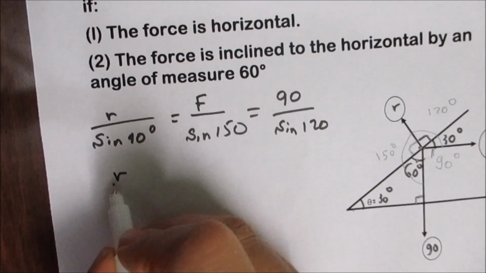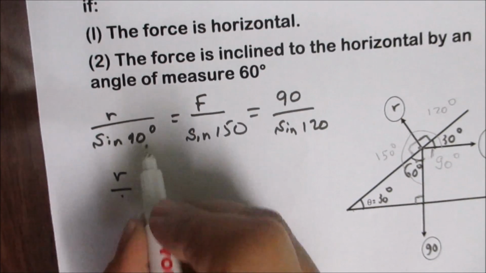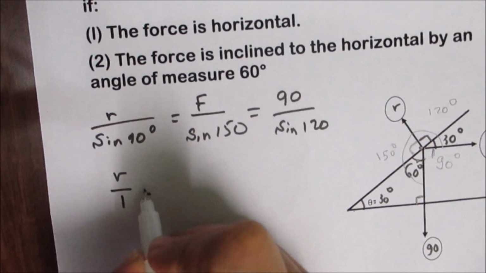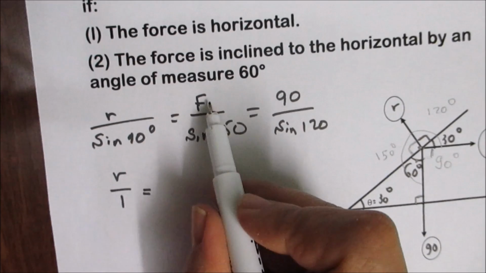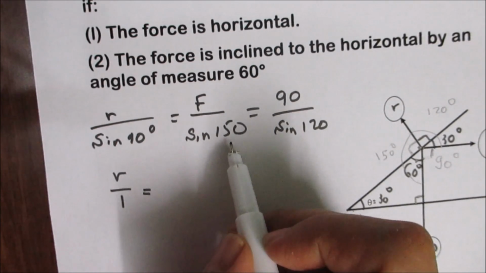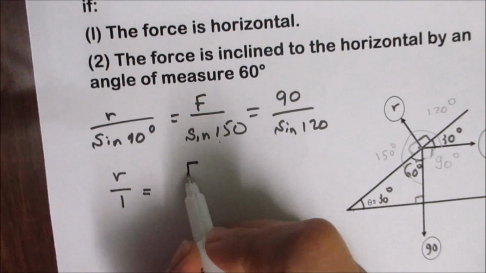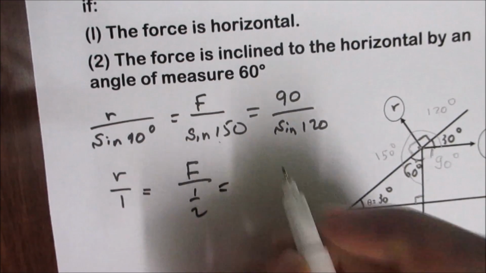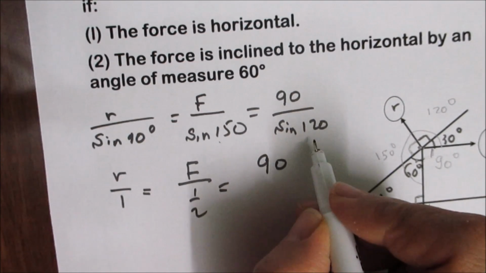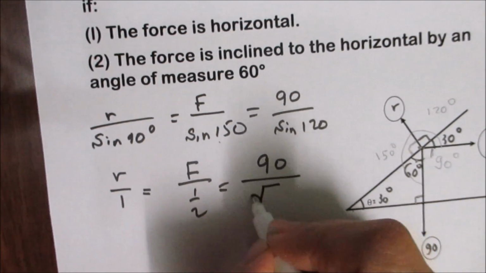Simplify. R over sine 90, and sine 90 is 1, so R over 1 equals the force F over sine 150. Sine 150 is 1 over 2, so F over 1 over 2 equals 90 over sine 120, which is square root 3 over 2.